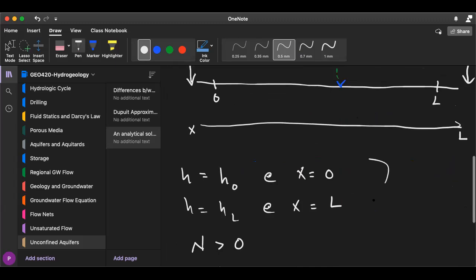So these are my boundary conditions. And we can derive an analytical solution to the Boussinesq equation.